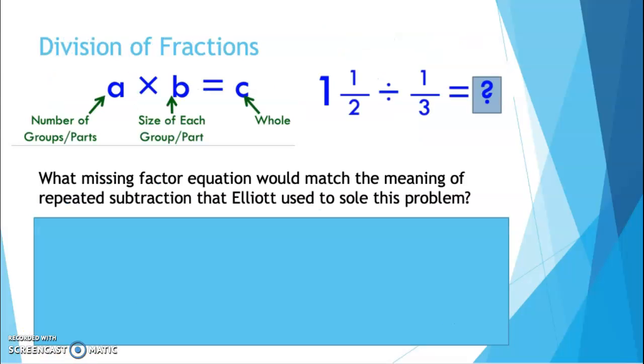Okay, remember to go back, right? The first 2 lessons, 16 and 17, that we reviewed last week in class will be helpful reinforcement. So looking at the equation above, what missing factor equation would match the meaning of repeated subtraction that Elliott used to solve this problem?